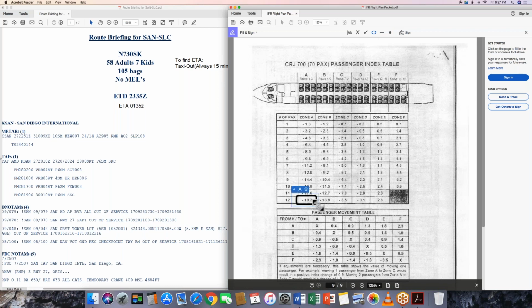That's our number. Zone B had 12 passengers as well. Zone C had 12 passengers. Zone D had 12 passengers. Zone E had 12 passengers, and Zone F had 5 passengers. So we'll come over here to our 5, and there we go.